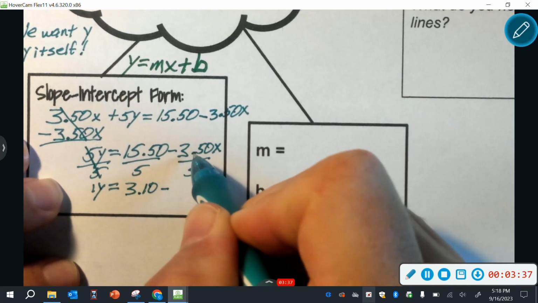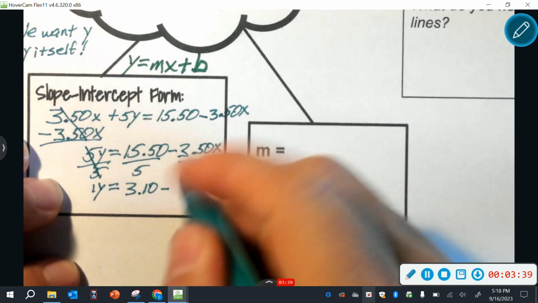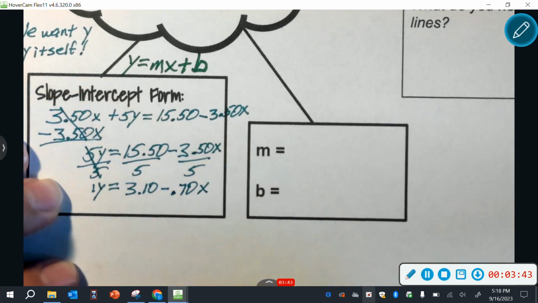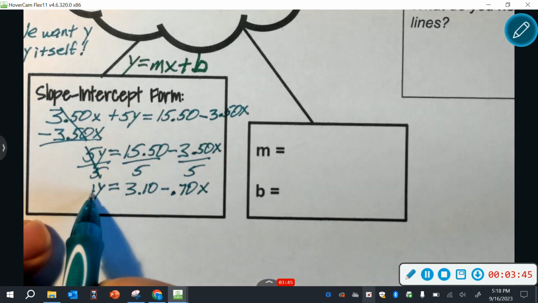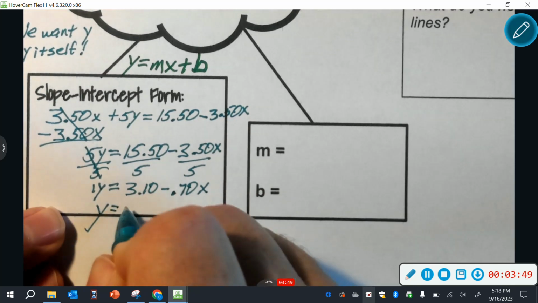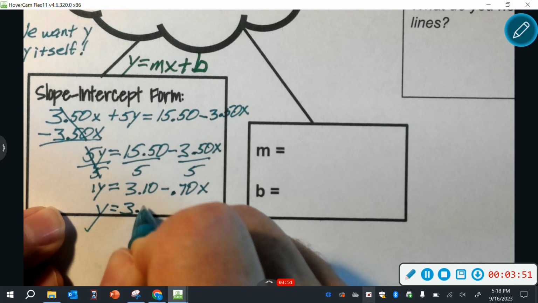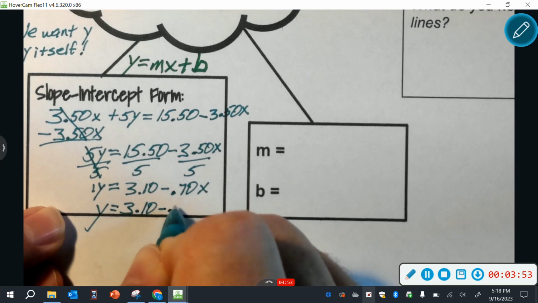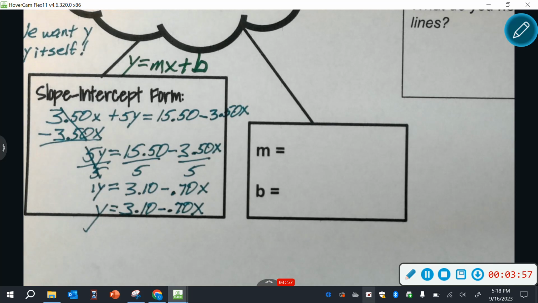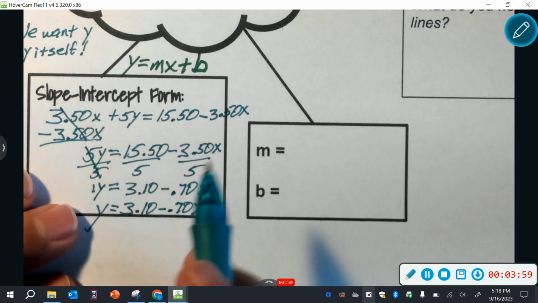And then negative 3.50 divided by 5, that's going to be 0.70x. Now this 1y is just the same thing as y. So in slope-intercept form, this is going to be y equals 3.10 minus 0.70x. Okay? And so now I can see what my slope is.